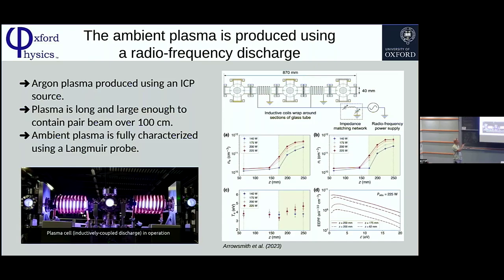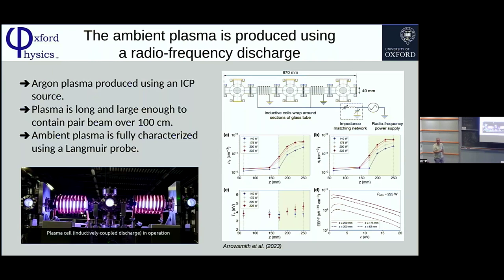Essentially, you wrap a coil all around a glass tube, you run a radio frequency at 13.5 megahertz, and that strikes a plasma. So this is what we did. This is a meter-long plasma, and we tune the plasma density to be of the same order as the density of the pair plasma that we wanted to interact with.